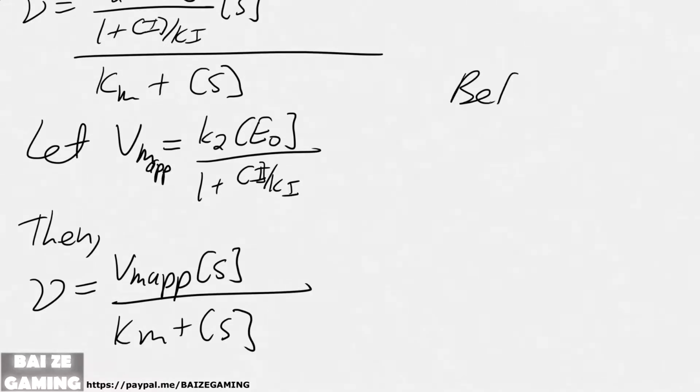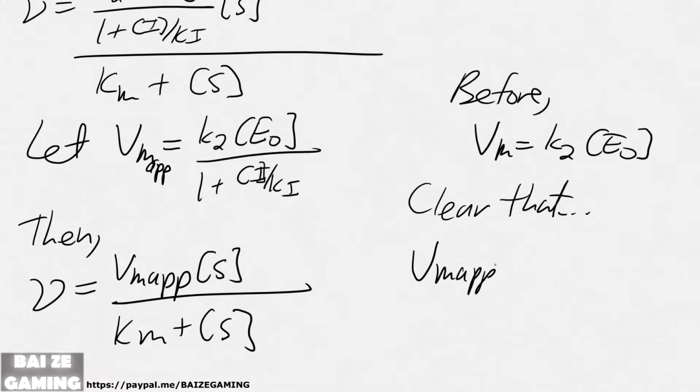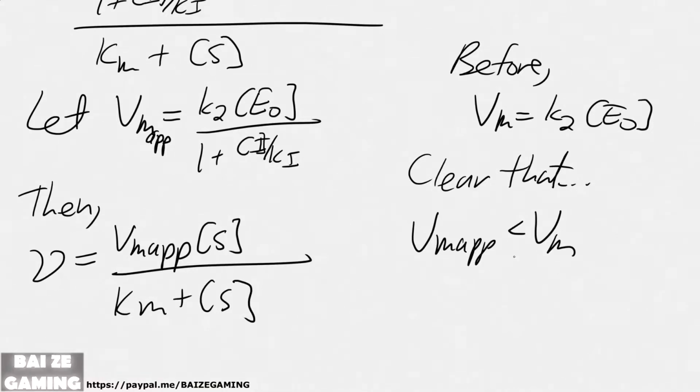Remember before, Vm was just K2 E0, and you can see here we're increasing the denominator, so it's clear that Vm app is lower than Vm. The maximum velocity has a very strong impact on your product formation rate.